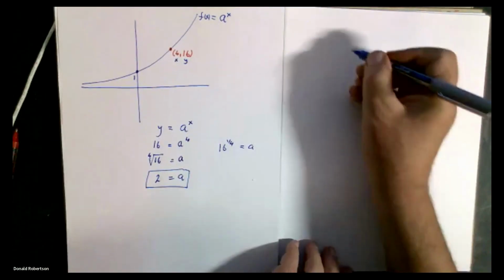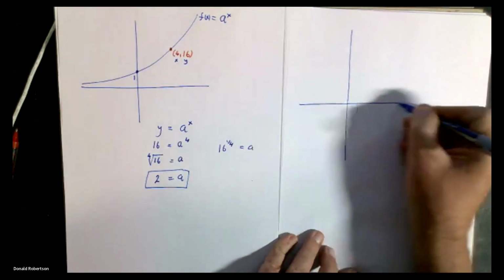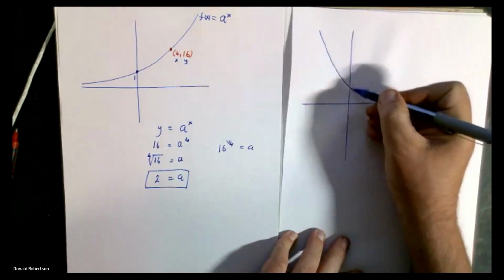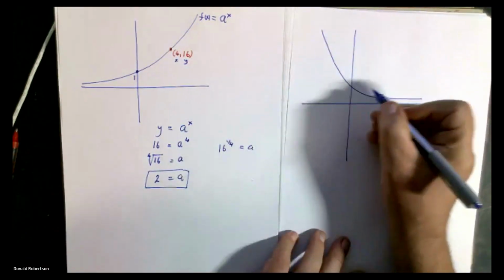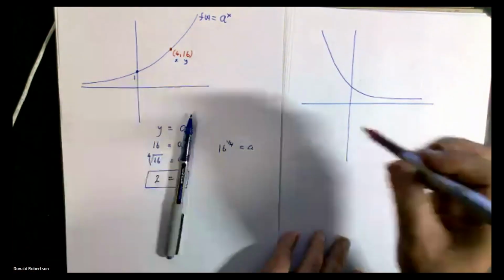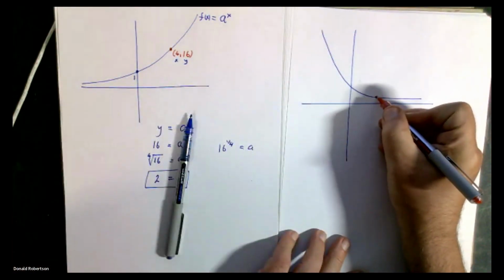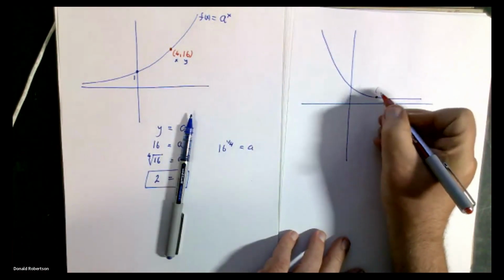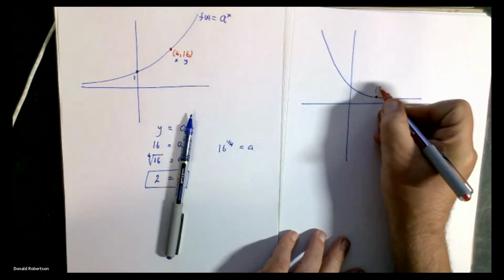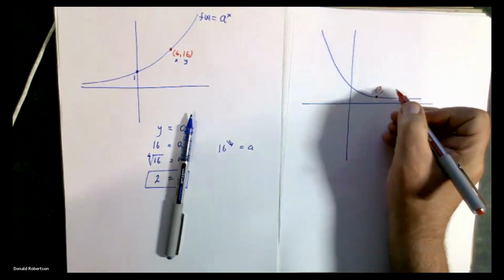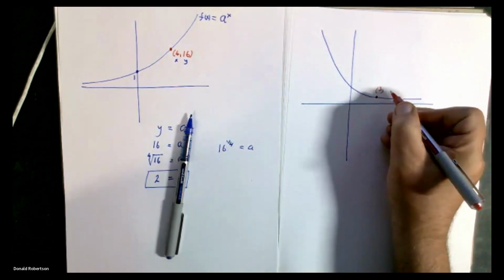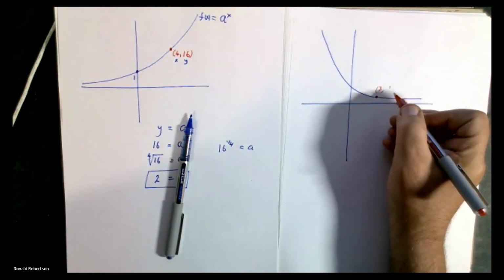Suppose I give you another one. Suppose I have a function that's curving downward. And let's suppose I tell you that this guy here has coordinates 3, comma, let's see, what fraction will I do?